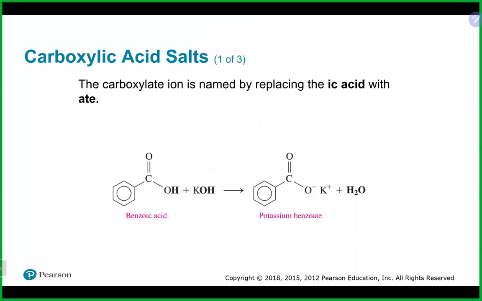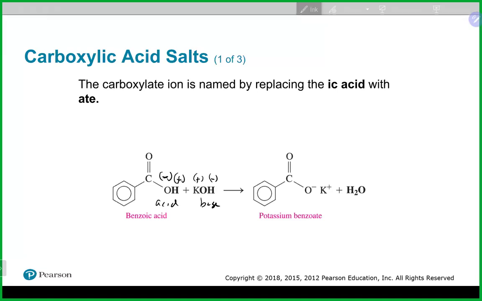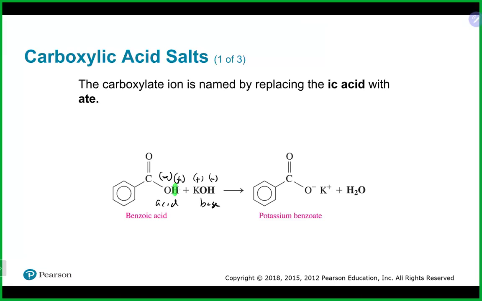So if we take a look at this here, which is our benzoic acid, once again, this is our acid, this is our base. This is our negative guy to the left, and our hydrogen is positive. Once again, it's going to be the H from the acid and the OH from the base. That's going to make our water.